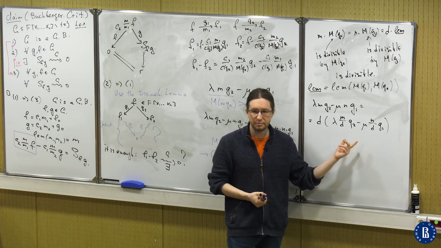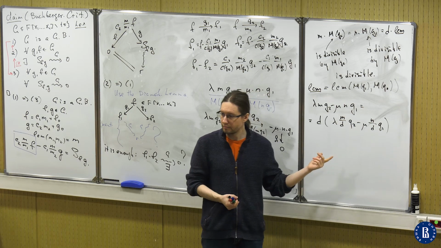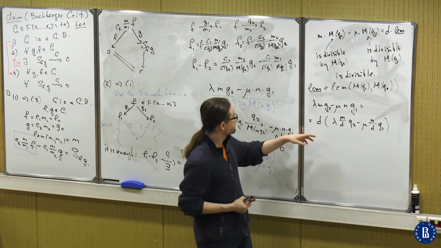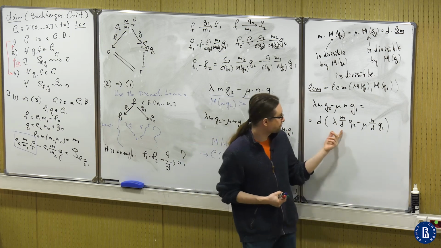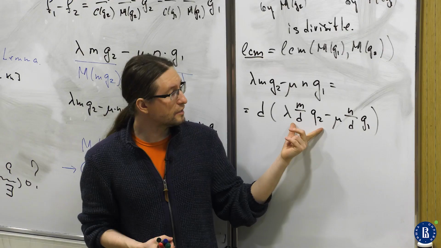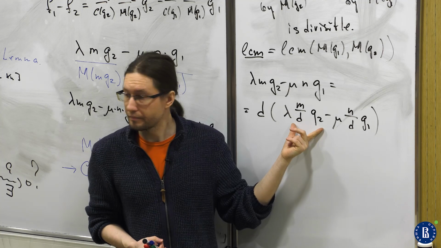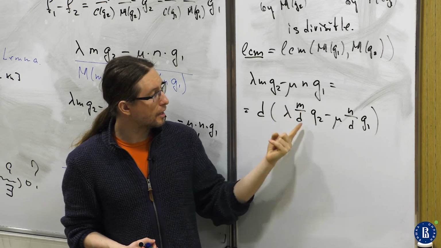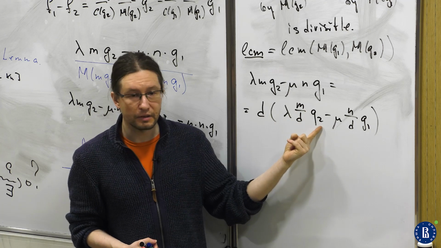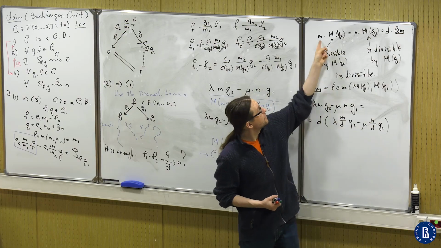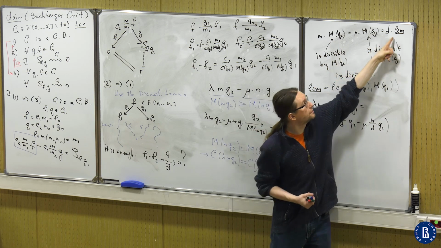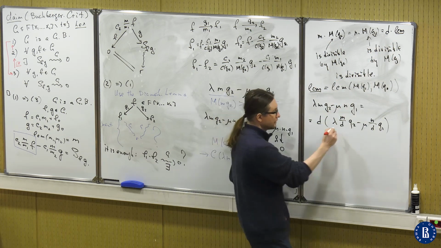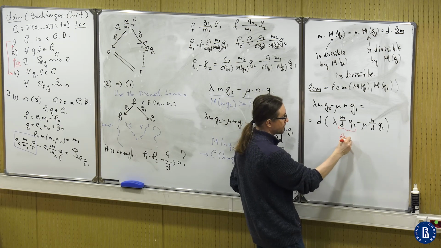Let's take a look at this expression closely. So what is the leading monomial of this guy? G2 times this thing. The leading monomial of this guy is M over D times the leading monomial of G2. M times the leading monomial of G2 divided by D is the LCM of these guys. So the leading monomial here is the LCM.